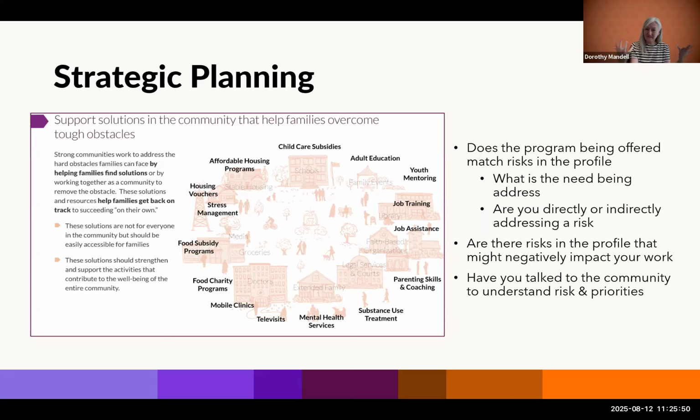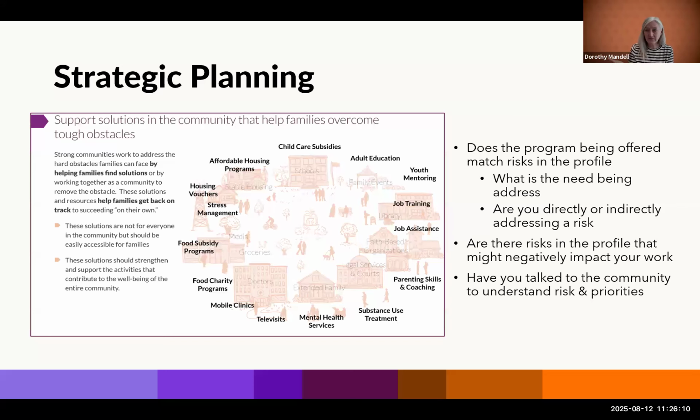I have actually seen a few providers who say, this is what I want to do, we're going to be providing this particular service. And then you look at their risks and you're like, but where's the evidence base that that service is going to impact any of these risks?